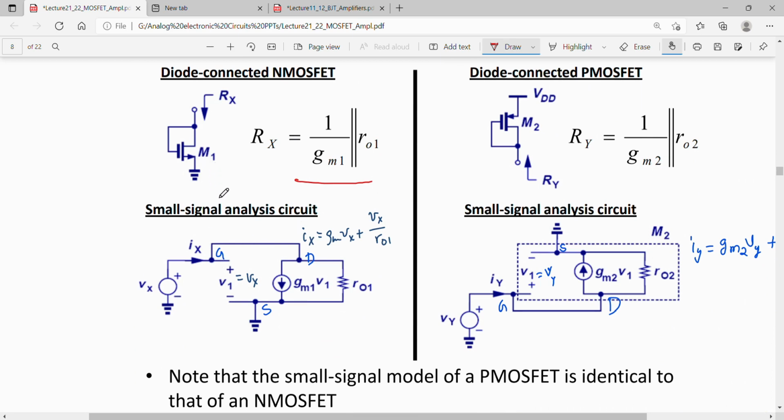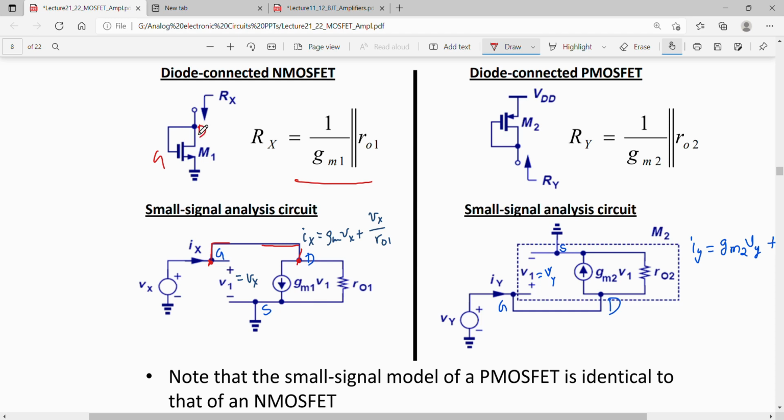So we draw the small signal model of an NMOS, gm V1, ro1, source, gate, drain, and short gate and drain. That is, the gate is shorted to the drain via this, right? Now for this circuit I can find out the impedance looking into the drain side.